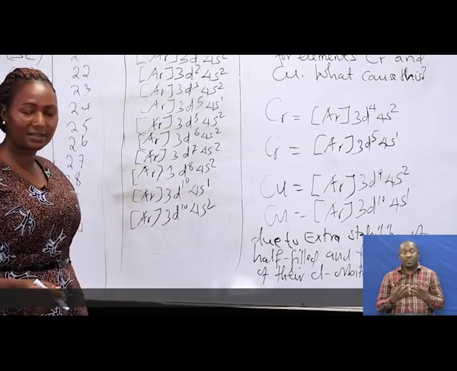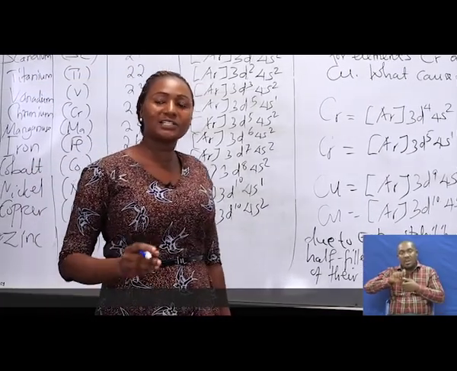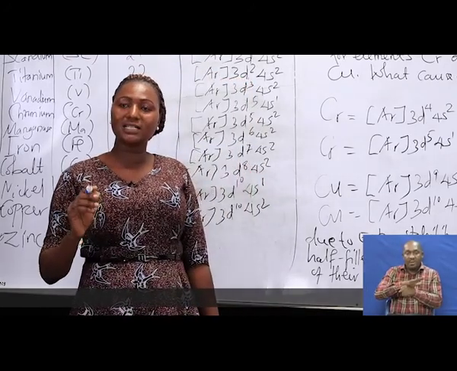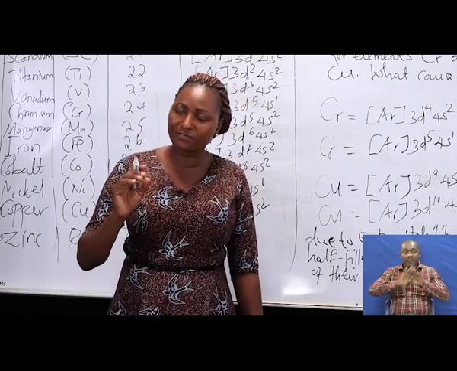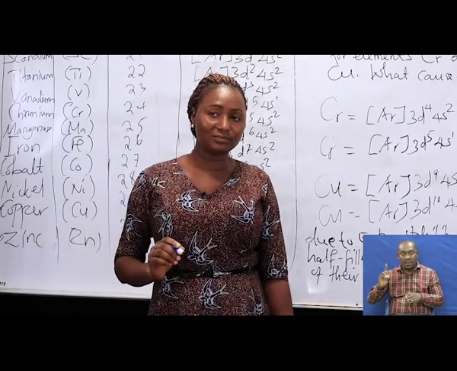How is this? Normally, when you refer to general chemistry, the rules of assigning electrons in atomic orbitals, we have one rule which is the half-filled rule and full-filled rule.